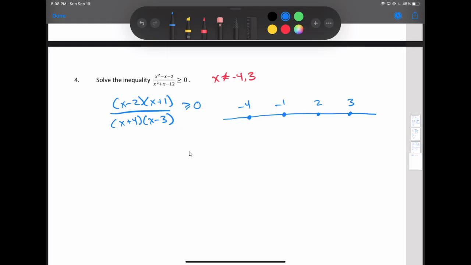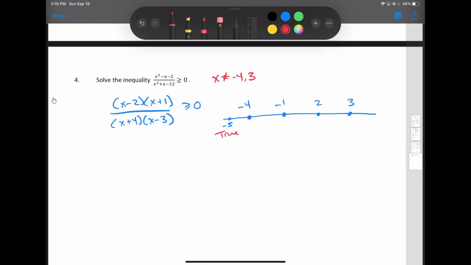If I plug in a number less than -4, I'm going to choose -5. When I do that, I'm just going to pause it while I punch it in my calculator, and I get like 28/8, I think, which is greater than or equal to 0, so that makes the inequality true. A number between -4 and -1, I'll choose -2.